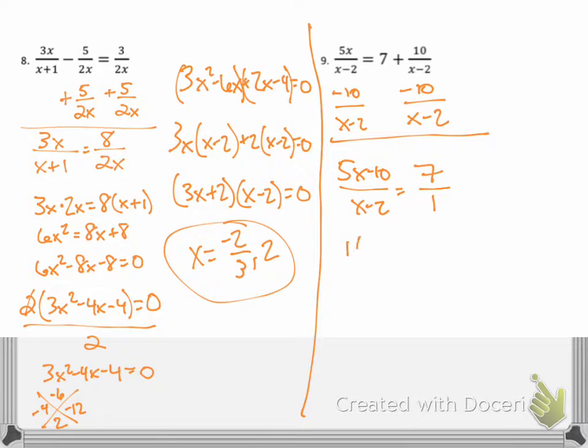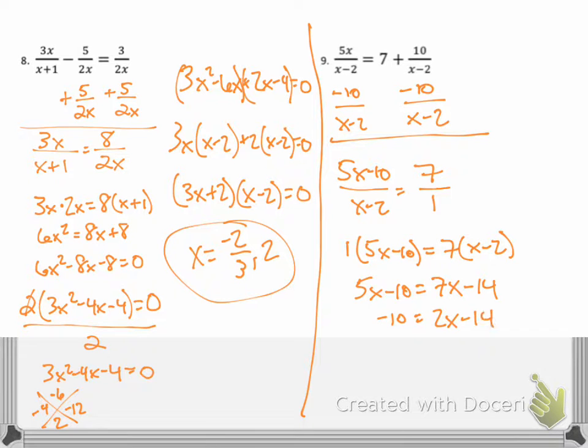So I'd have 1 times 5x minus 10 equal to 7 times x minus 2. So 5x minus 10 equals 7x minus 14. Subtract over the 5x, I'd have 2x minus 14 on the right. Add 14. I end up with 4 equals 2x. Divide by 2. X would equal 2.